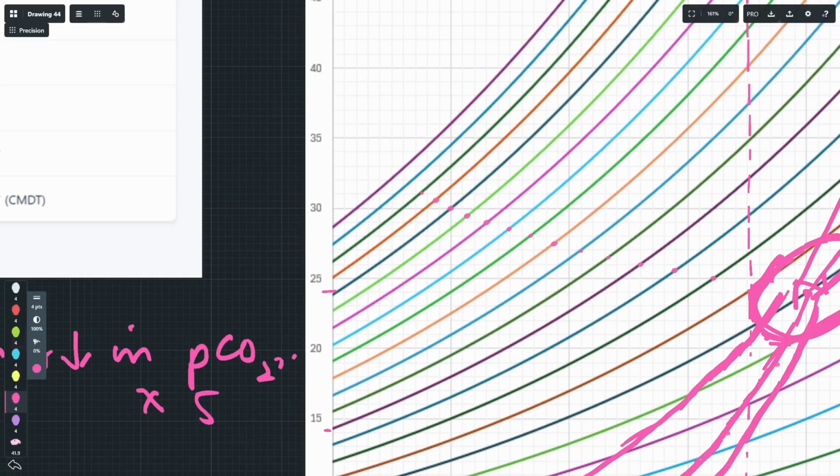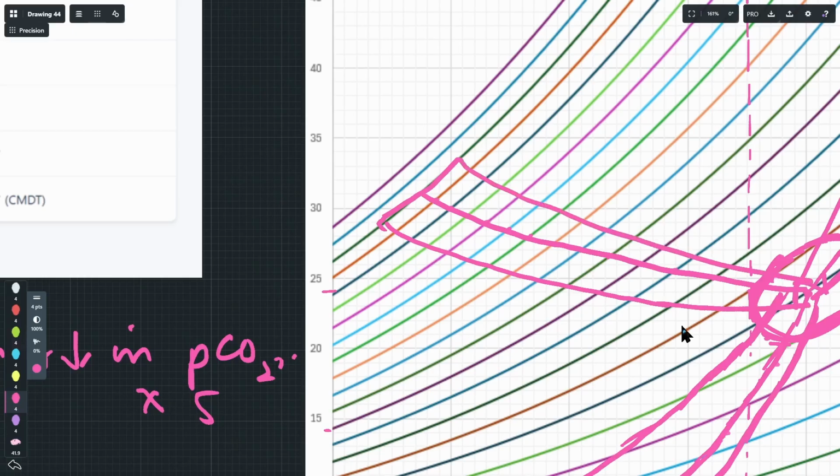So this is the acute respiratory acidosis. We can connect these lines and draw like this, and of course it's not perfect always. There is actually a range. So this is acute respiratory acidosis.